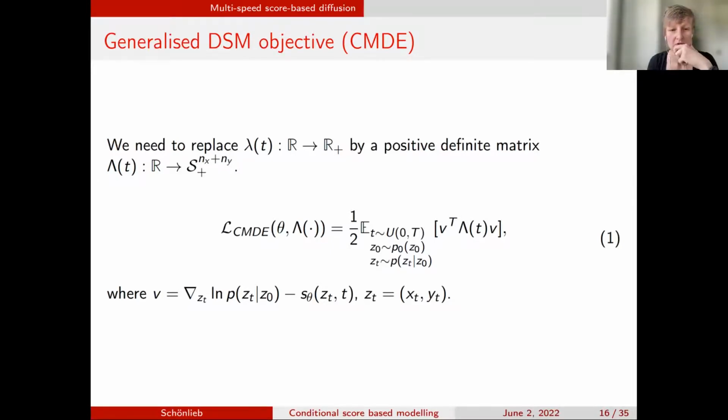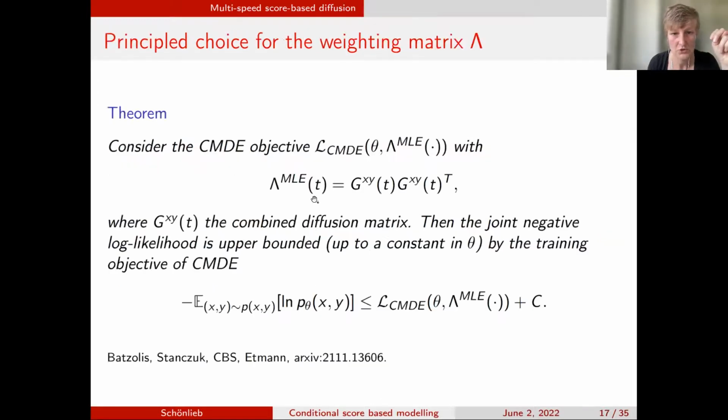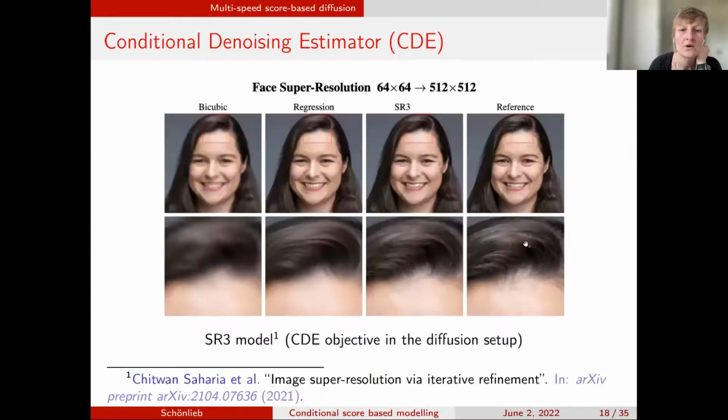Okay, so these are the diffusion coefficients. This is basically what this theorem says. If you choose lambda such that this is just a diagonal matrix with the diffusion coefficients of x and y in the diagonal, then you can get a similar bound as before. Okay, so this is how we thought of approaching this.